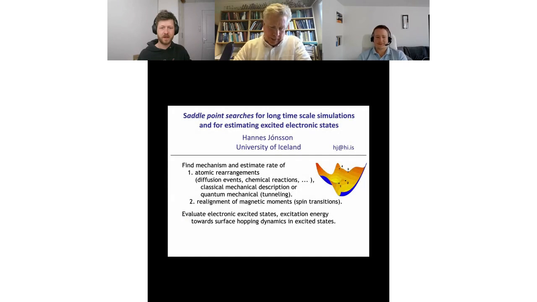So the focus here is on saddle point searches. First of all, in the context of long timescale simulations, and then this adaptive kinetic Monte Carlo, which I want to present and it is part of our collaborative REAX Pro project.